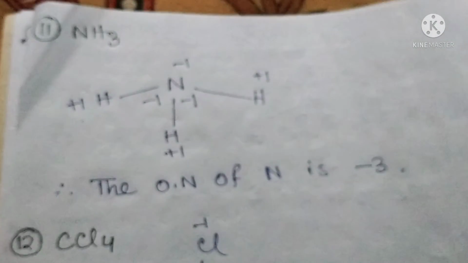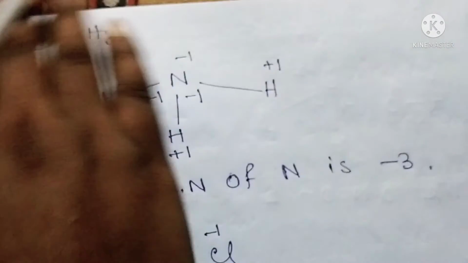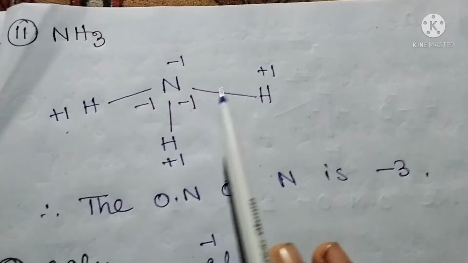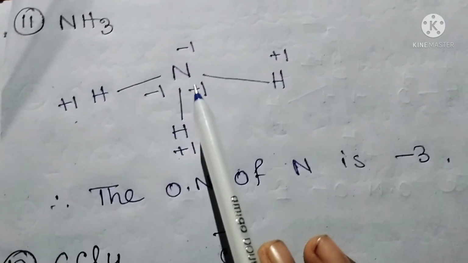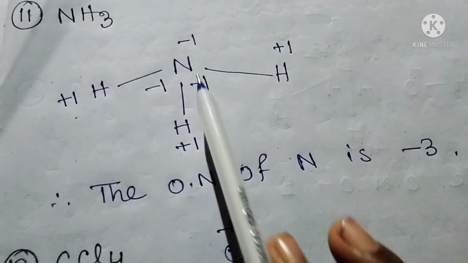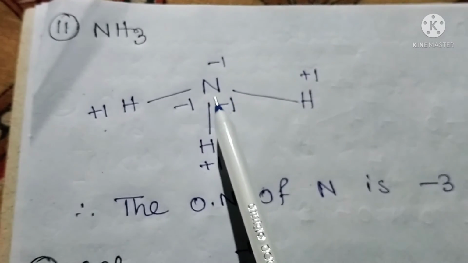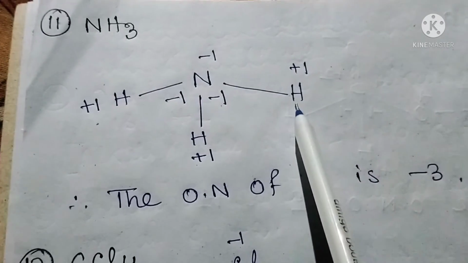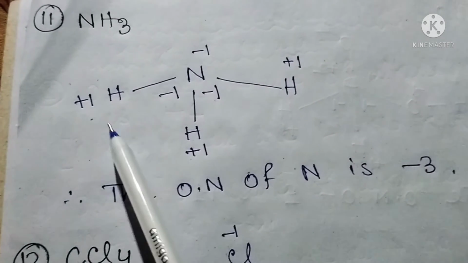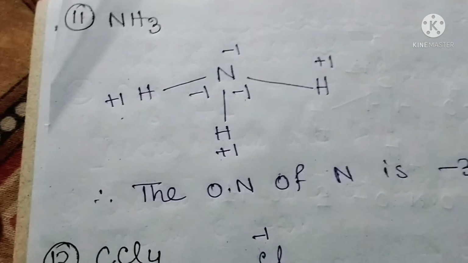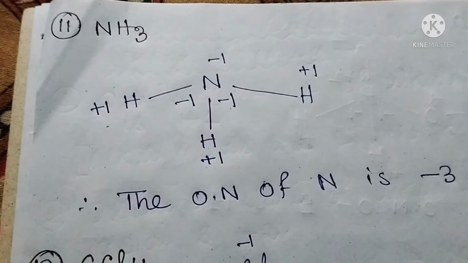Now let's take another example. Here we take NH3. At first we draw the structure of NH3. Now this is the structure of NH3. N single bond H, single bond H, single bond H. Between these two, nitrogen is more electronegative than hydrogen.